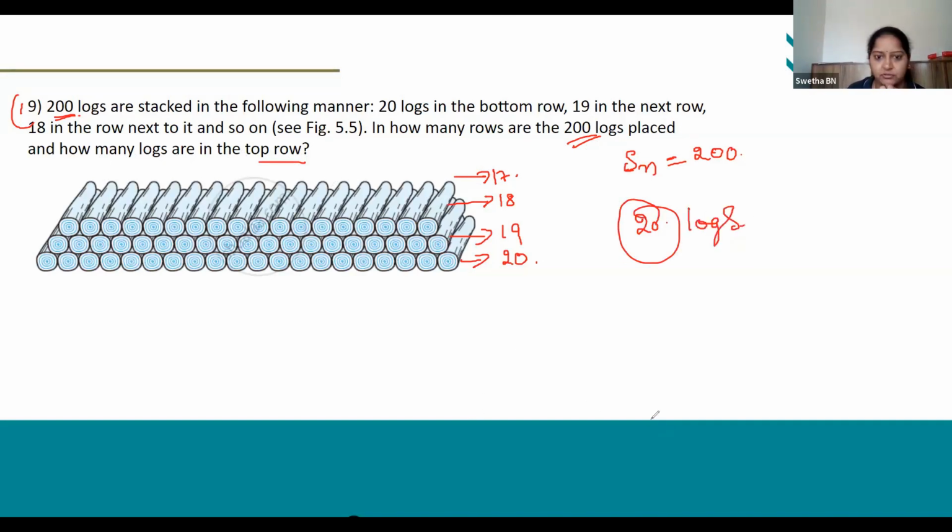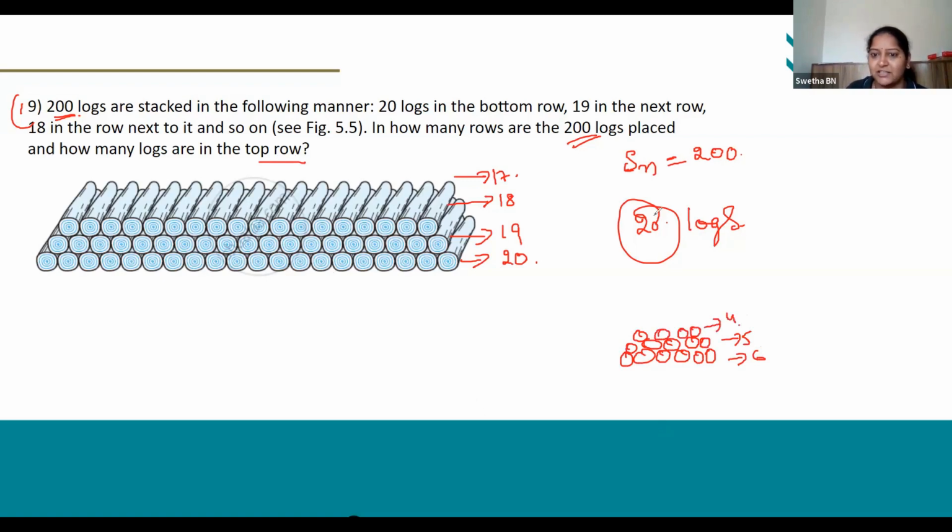If you arrange in this manner, there are 6 at the bottom: 1, 2, 3, 4, 5, 6. Above that, 5, 4, 3.